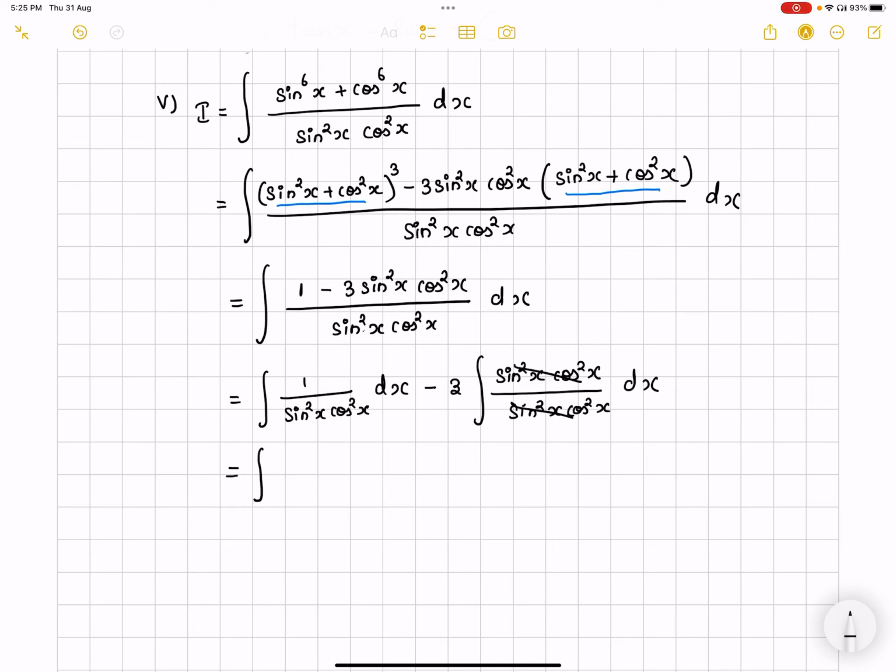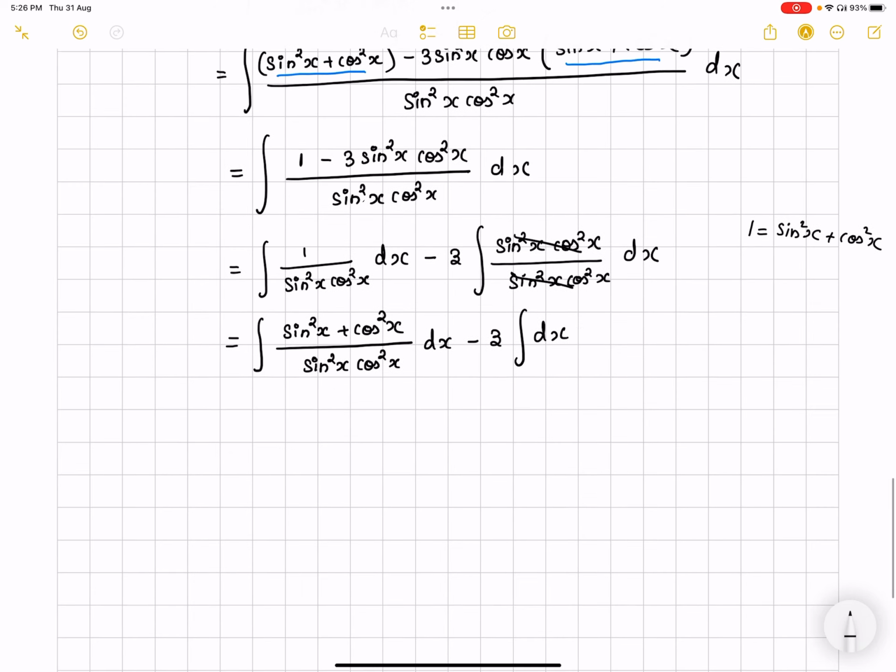So it is not of any use, but we have something called 1 is equal to sine square x plus cos square x. This will help me. So now what I'm going to do, I'm going to replace this 1 by sine square x plus cos square x divided by sine square x cos square x dx and then minus 3 integral dx.